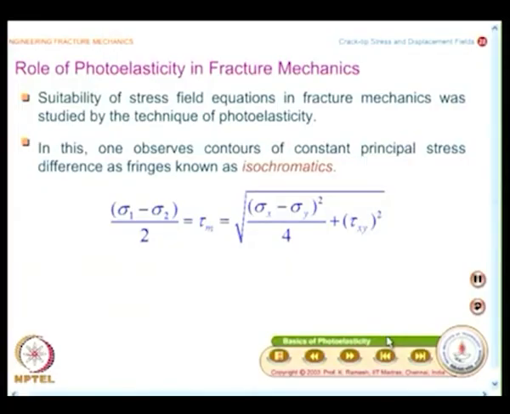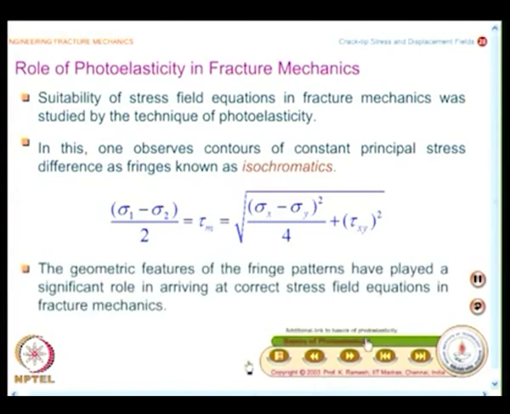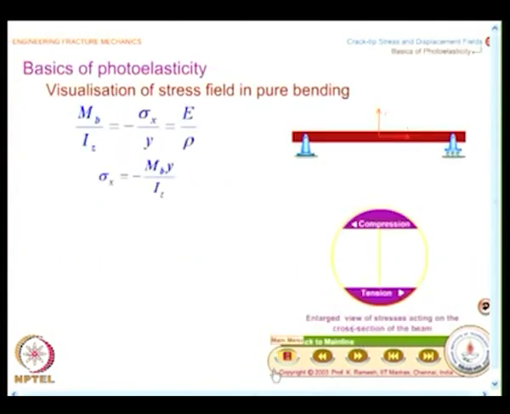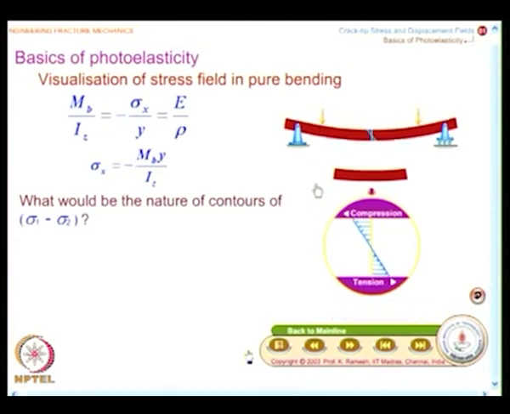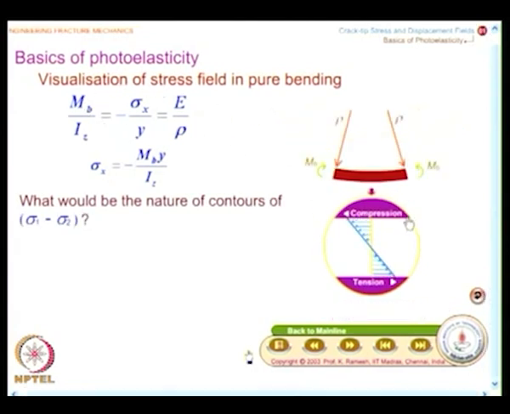So, before we go into that kind of approach, we will look at how we understood what is photoelasticity. I took up a very simple problem of a beam under 4-point bending. For this problem, from your strength of materials approach, you know the stress field as a closed form solution in the region away from the points of loading.